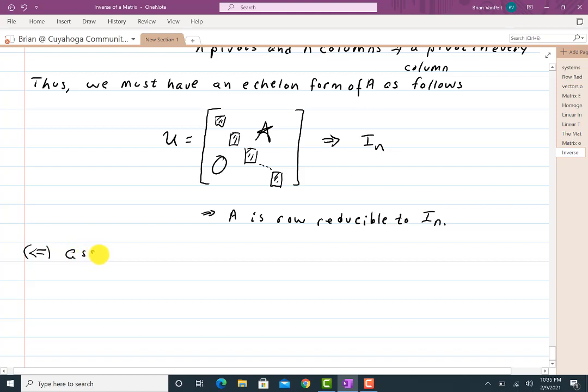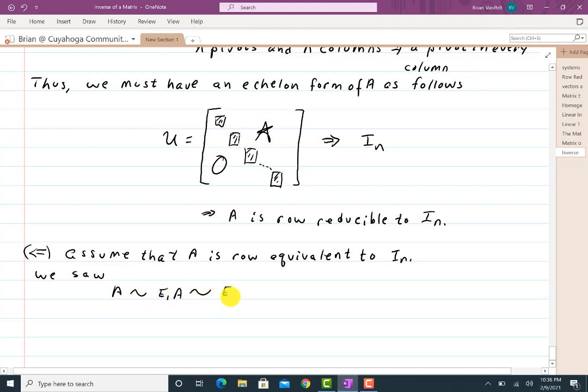Next, assume that A is row equivalent to the identity matrix. We saw how you can do this. A can go to E1A using row operations.